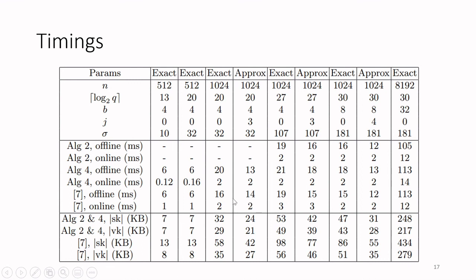And you can see that the timings are very favorable. This first column is just a toy example where the security isn't high enough. But in these other columns, you can get online sampling with pre-computation in less than 1 millisecond. And even for these higher parameter ranges, you still get online sampling with just a few milliseconds.